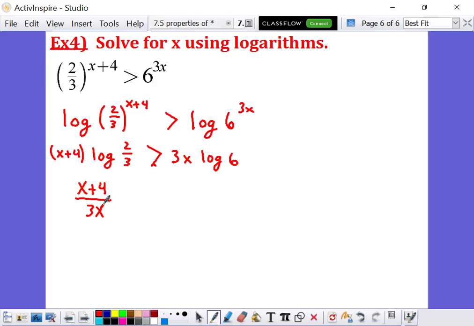Because when we divide both sides by log of 2/3, log of 2/3 is actually a negative value, okay? So that's going to flip the inequality sign, because remember, anytime you divide by a negative, you need to flip the inequality. So we've got log 6 divided by log 2/3.